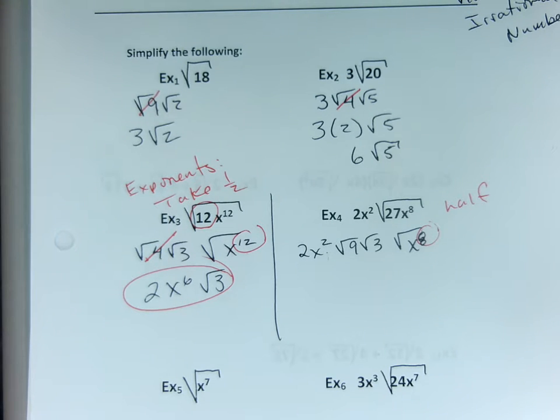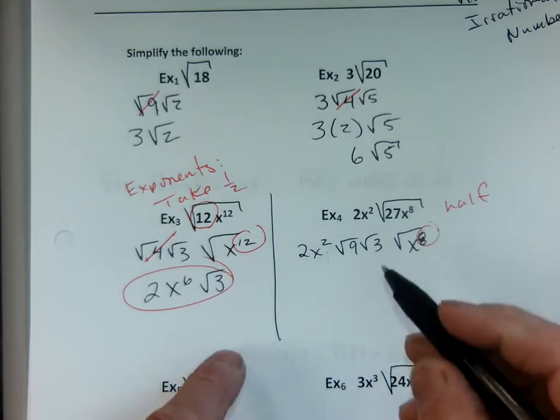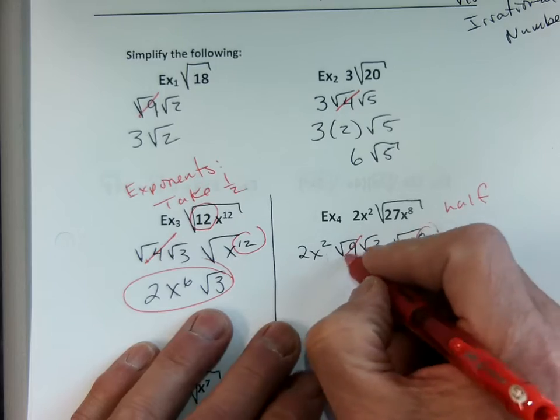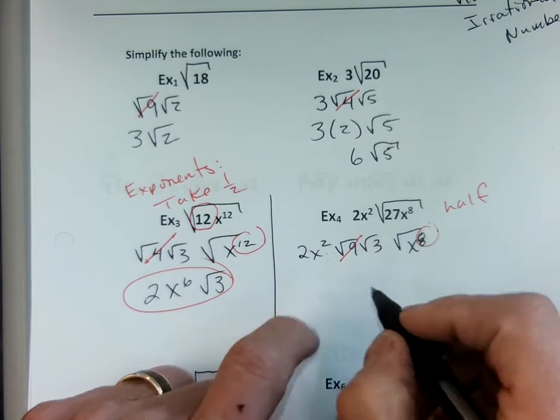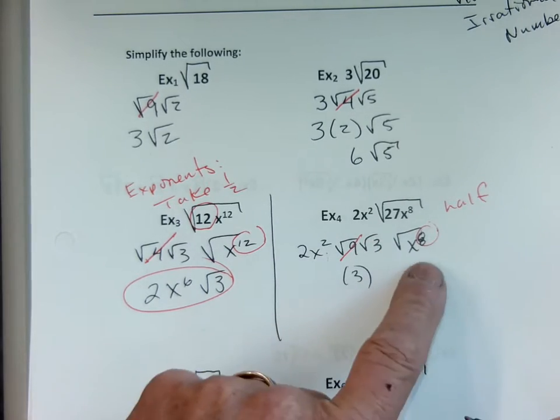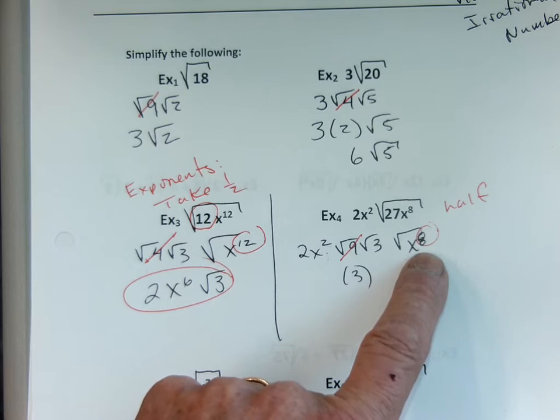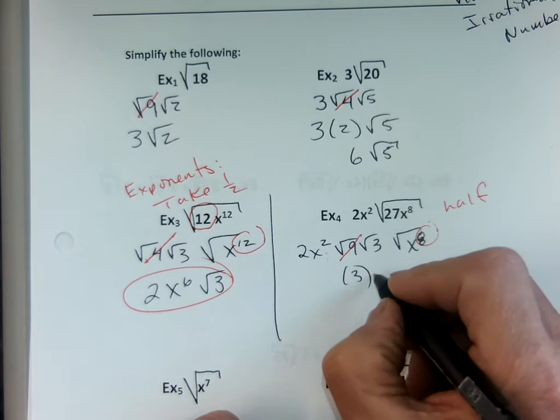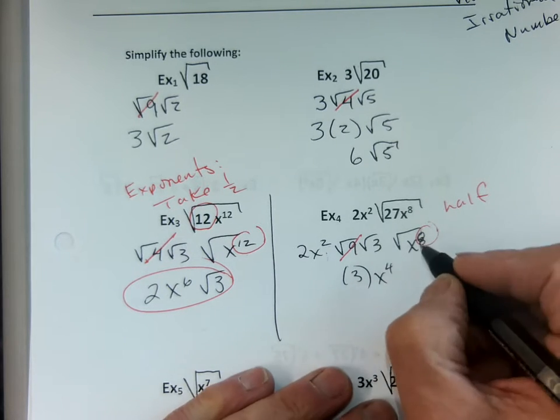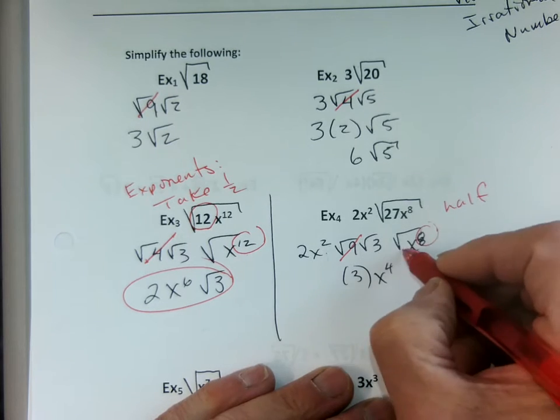I will take half of it. So now let's do this. Okay, square root of 9 is 3. Half of the x to the 8th makes that x to the 4th. All right, so let's see what's left over. So I've got some things left over, don't I?